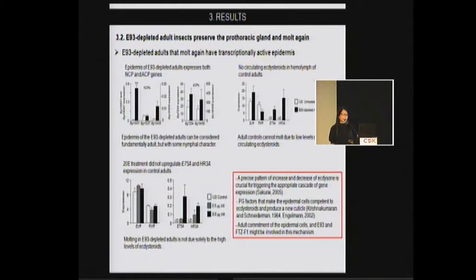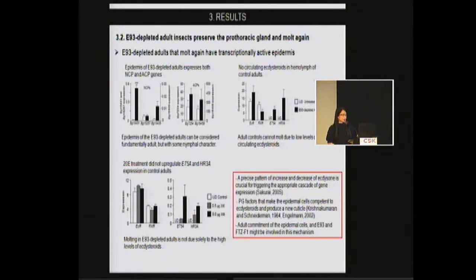All of them cannot upregulate the expression of E75 or HR3 as we expected. And we left some adults just to see what happened after that, if they could show some symptom of molting, but it did not happen in these adults.